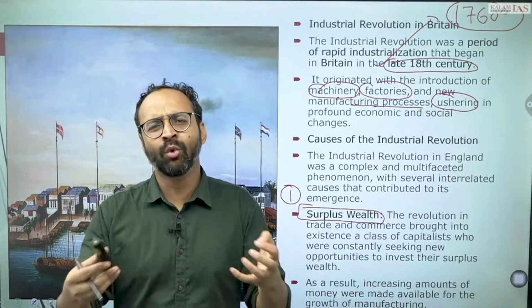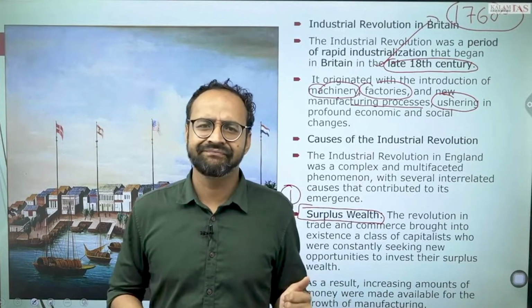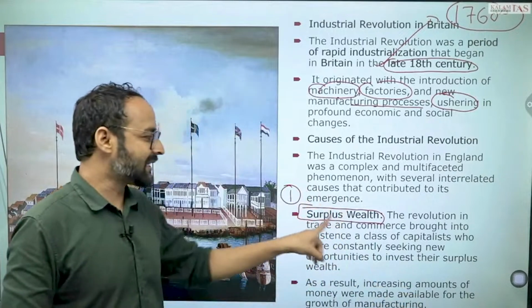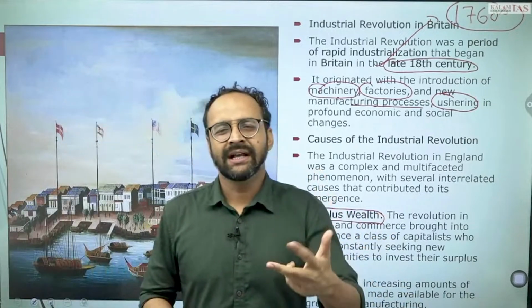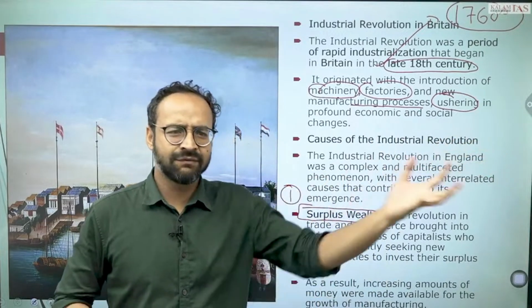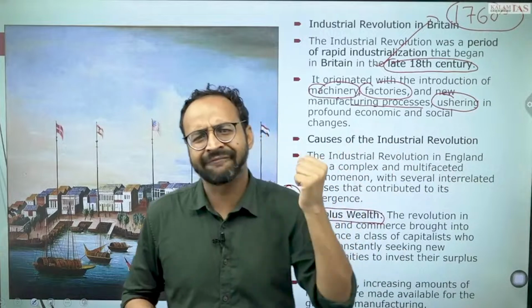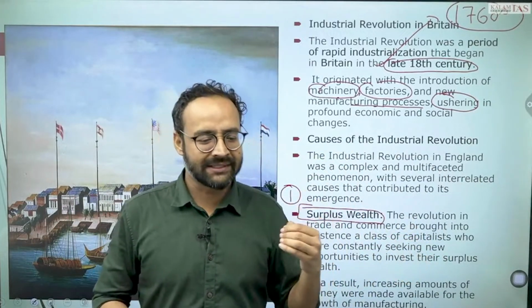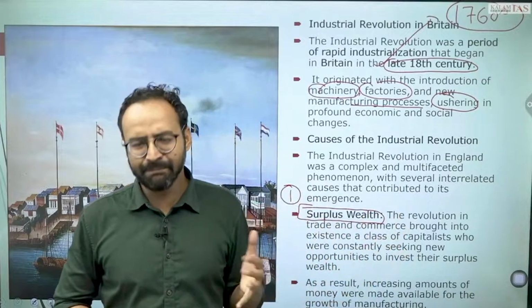Like they had more raw materials, because Britain was the mistress of seas. France and Britain had a lot of colonies, so they had surplus wealth because of the increase in trade and commerce. So they were bringing raw material from India, from Africa, from Southeast Asia, and exporting or selling it in Britain, in Portugal.